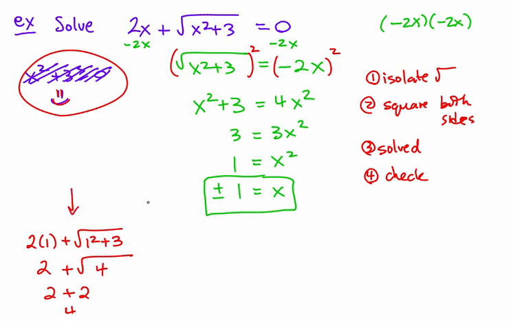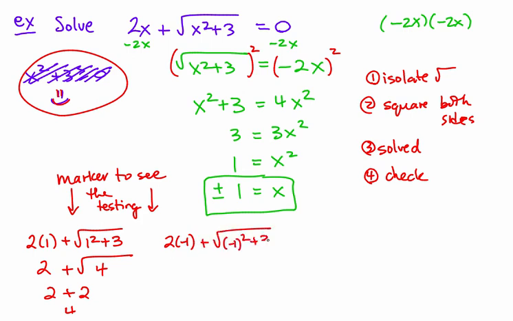And on quizzes and tests, it's really nice for the marker to see the testing that you're doing, the checking that you're doing. So if I test negative 1, I get 2 times negative 1 plus the square root of negative 1 squared plus 3. So that's negative 2 plus negative 1 squared is 1 plus 3.